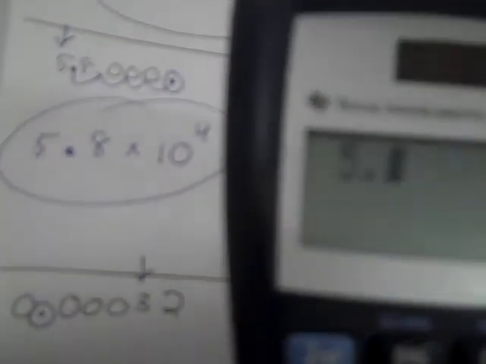And power's positive, so I don't need the negative power, but I need a power between here and here. 1, 2, 3, 4. By the way, you can check these answers on your calculator. 4.6 times 10 to the 9th power. That looks exactly what I started with. 5.8 times 10 to the 4th power. Looks exactly what we started with, 58,000.